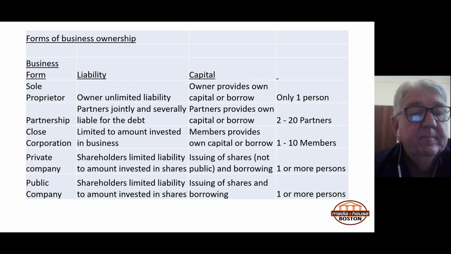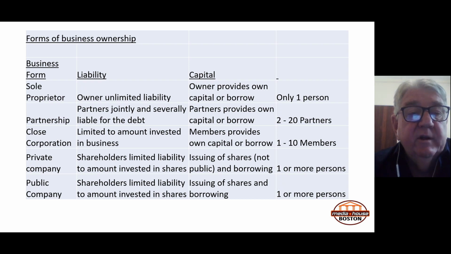Okay, then we have partnerships. Now, partnerships are between 2 and 20 people. They get together and they say they want to start a business. Now, in terms of liability, again, the partnership, the two individuals, if it's two partners, they are the legal entity. They form the legal entity.